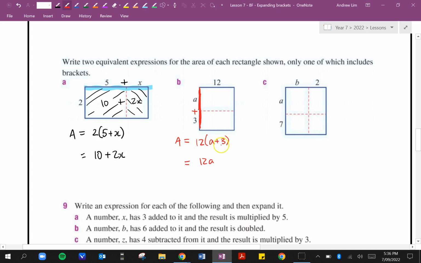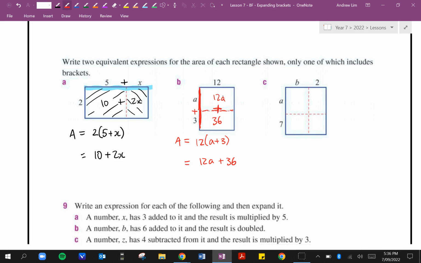Positive times positive is positive. 12 times 3 is 36. And we can see that if we were to break it up into the 2 small rectangles, 12 times a is 12a. 12 times 3 is 36. And therefore the total area is 12a and 36, so we write plus for and.